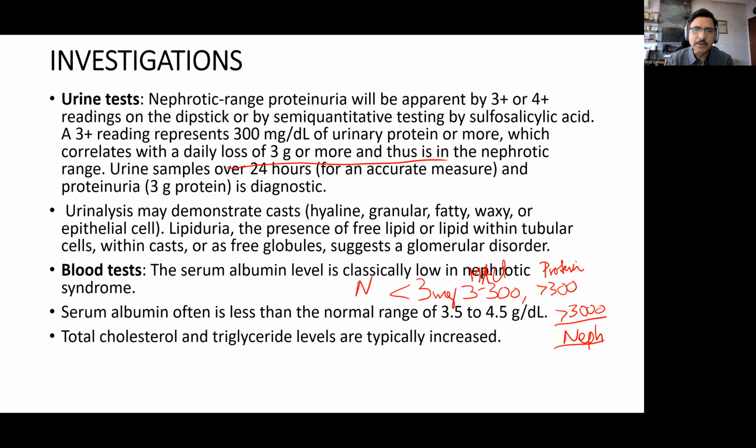The presence of RBCs, hematuria, RBC casts indicates acute nephritis and not nephrotic syndrome. Presence of leaking blood in the form of RBCs or RBC casts, which is microscopic hematuria, is a hallmark of acute nephritis and not a feature of nephrotic syndrome. Okay.